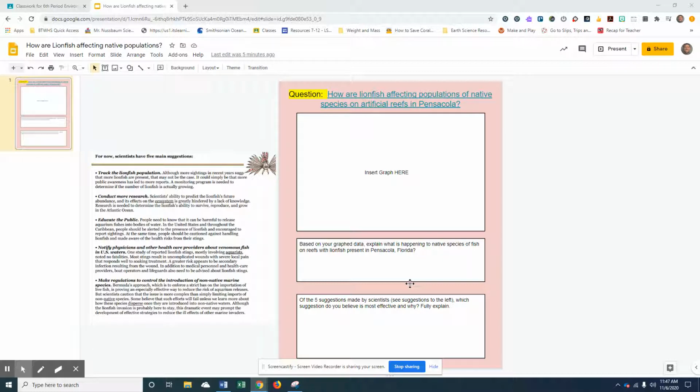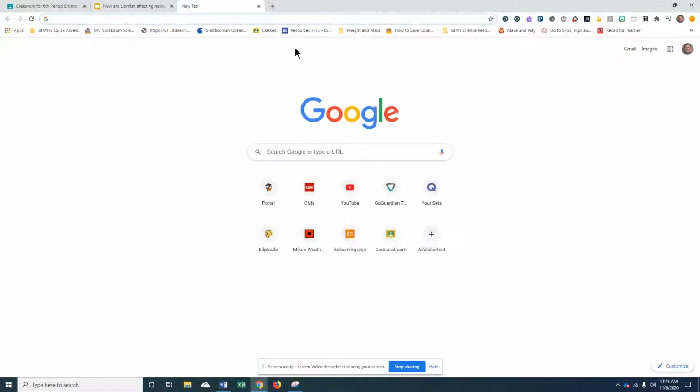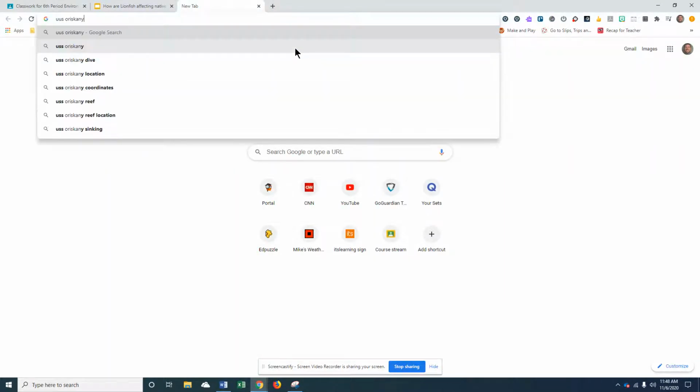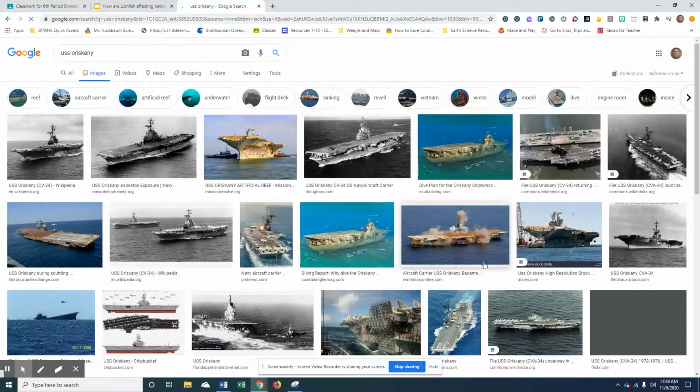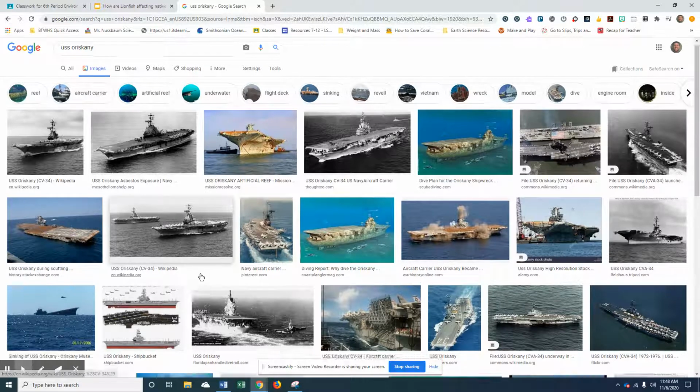There's a really good one on YouTube where it's showing a spear fisherman collect and kill a bunch of lionfish on an airplane. So, there's a bunch of really cool artificial reefs off of our beaches, and we even have the largest artificial reef in the entire world, 20 miles off the coast of Pensacola, which is the USS Oriskany. That is actually an old aircraft carrier that's sunk in about 300 feet of water off of the coast.